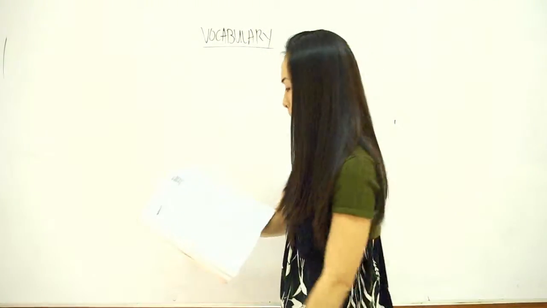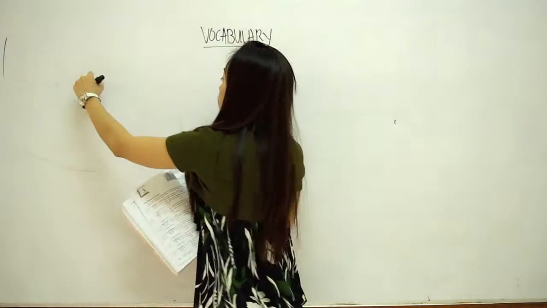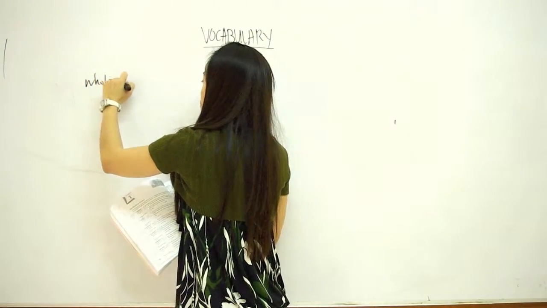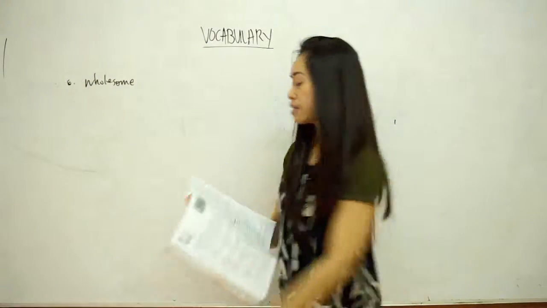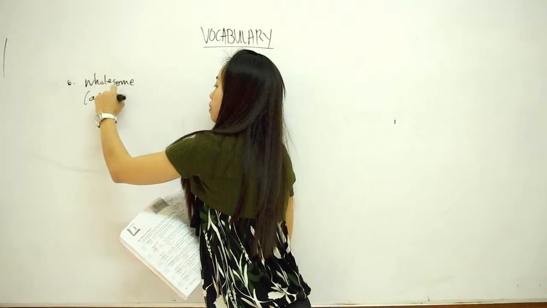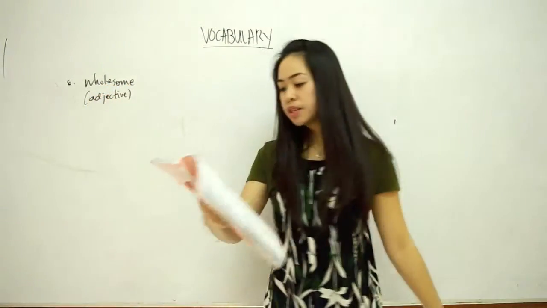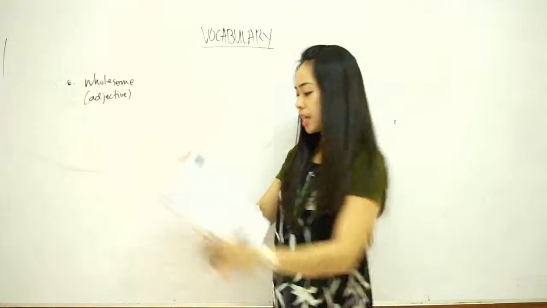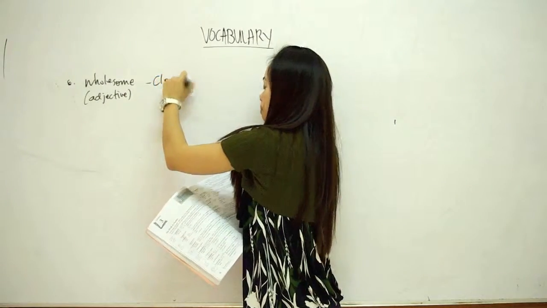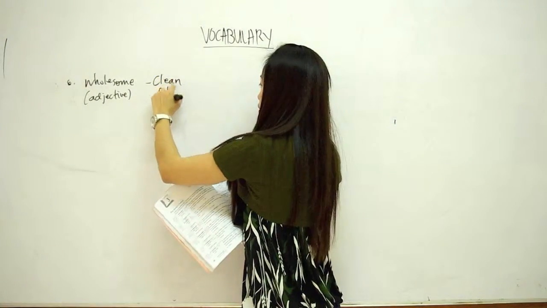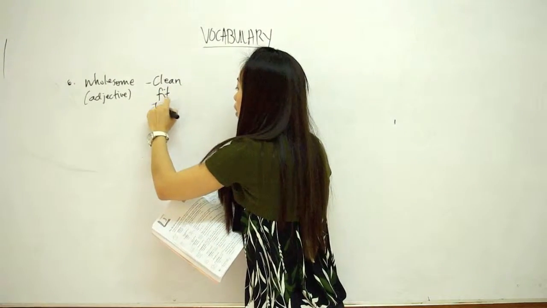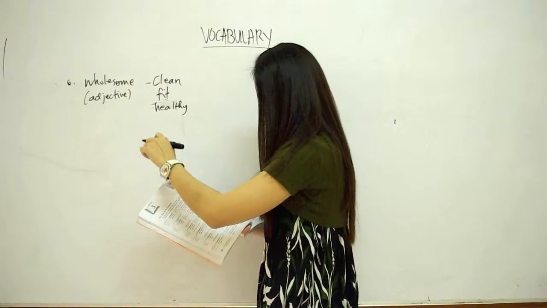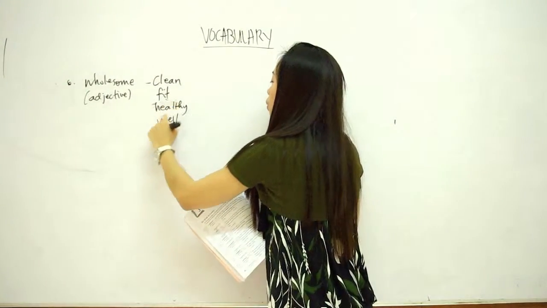Next, we go on with the word. Let's have the word wholesome. So wholesome here acts as an adjective. When we say wholesome, something that is clean, fit, rather healthy, well, or innocent.